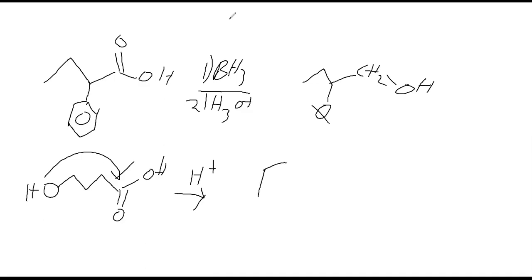So it's a 5-membered ring, and water is the byproduct. Fischer esterification like this is actually going to be faster than a molecule-to-molecule reaction. Intramolecular reactions are often faster than intermolecular reactions.